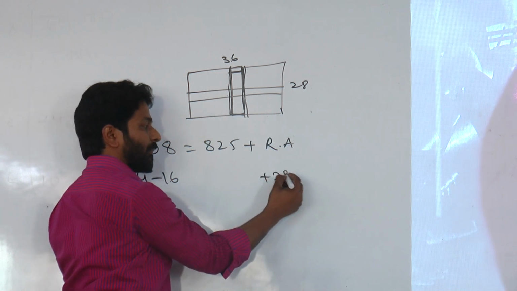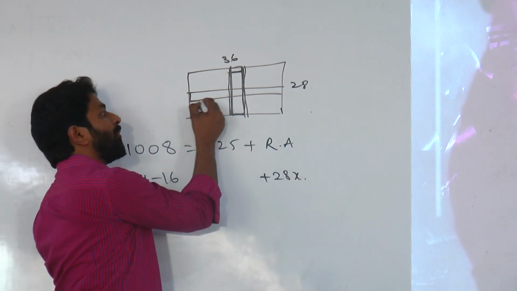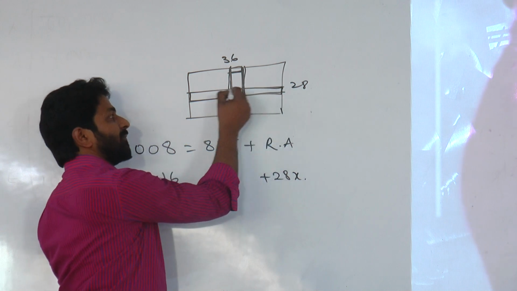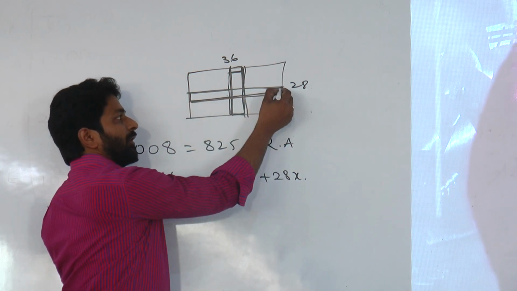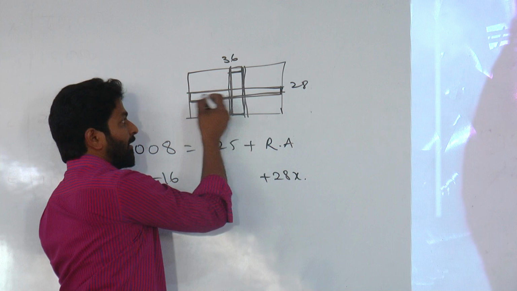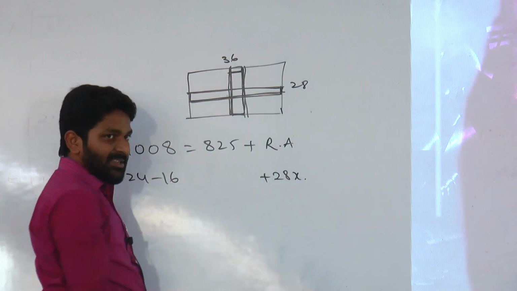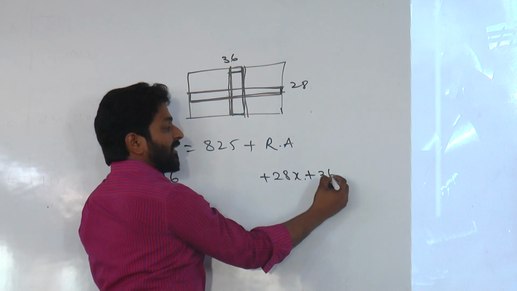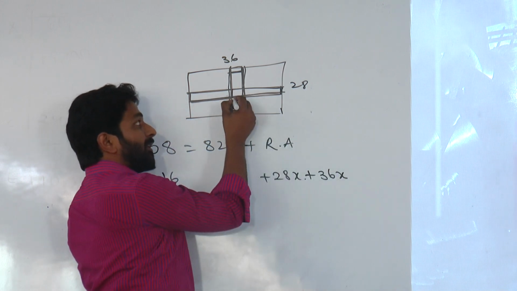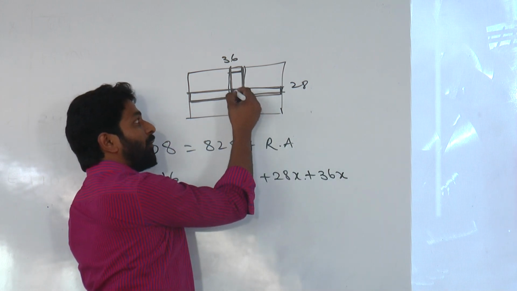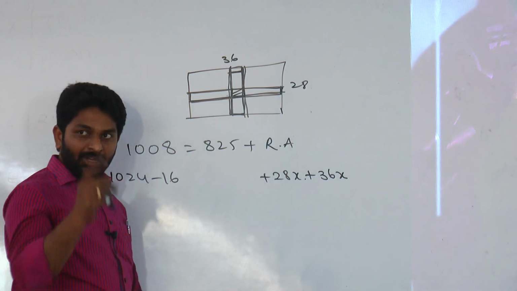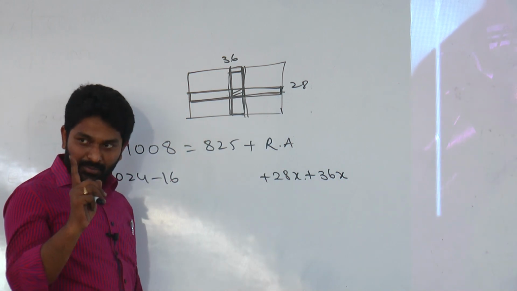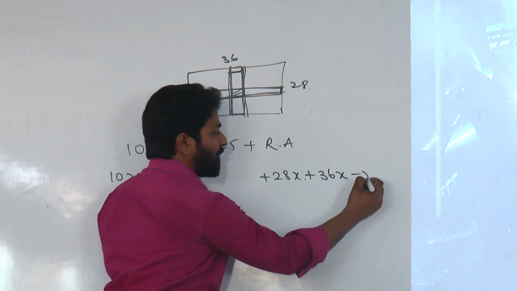And then area of this road, whose width is x, but one side is 36, so area of the second road becomes 36x. But the middle common area we have counted 2 times. So you are supposed to count it only once, so I need to subtract 1 time of this number.